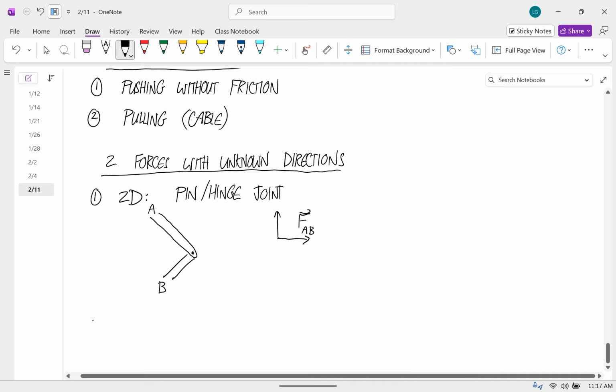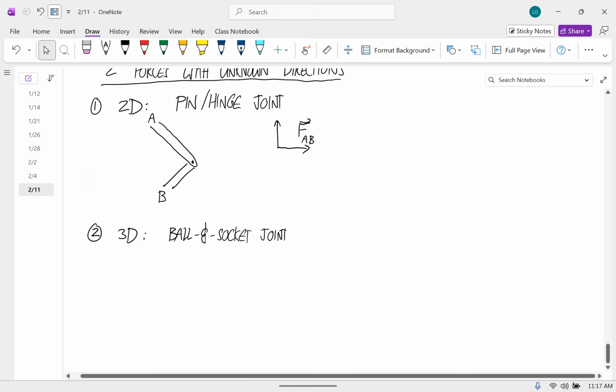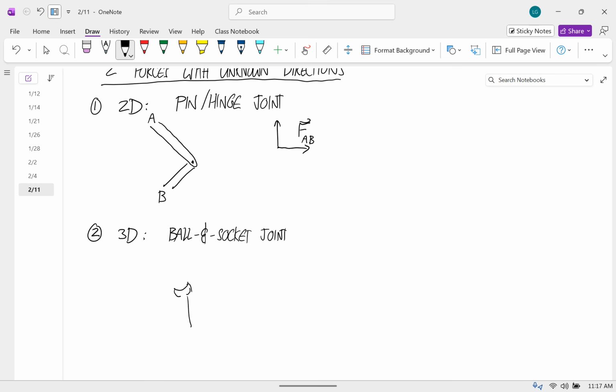And in 3D, the equivalent of this is a ball and socket joint. This is a little harder to draw, but so there's one body.